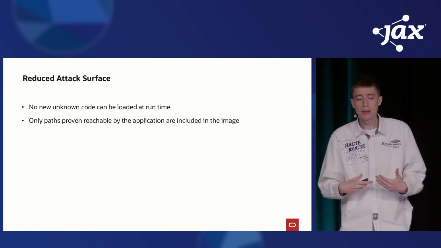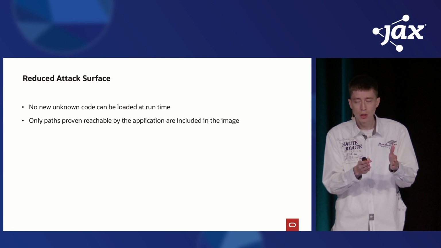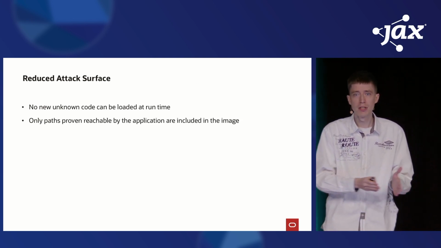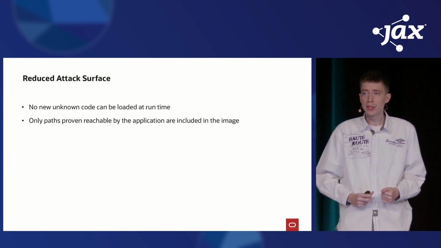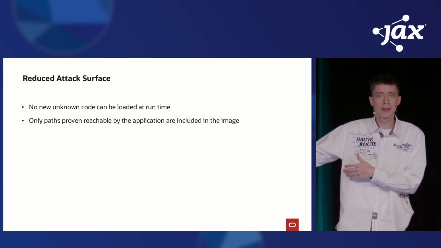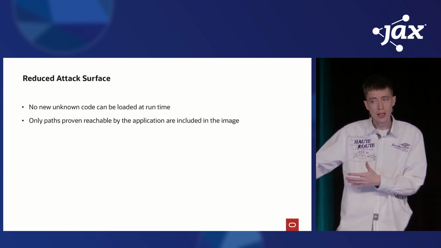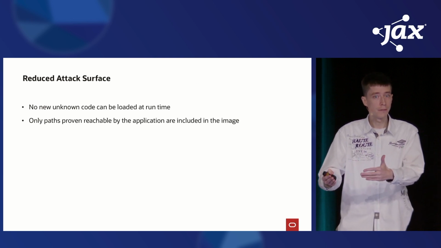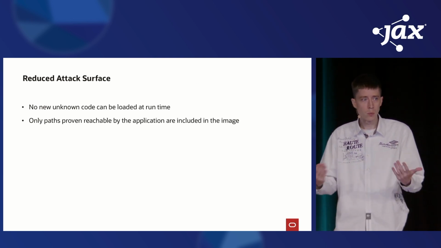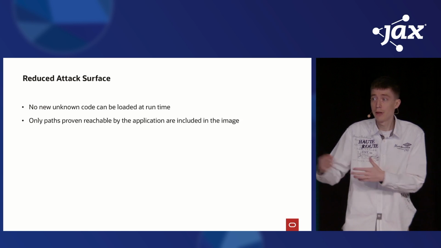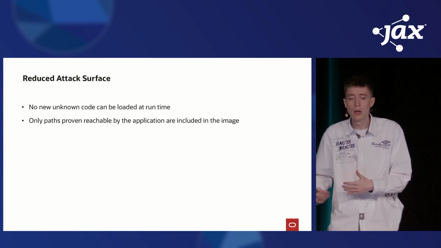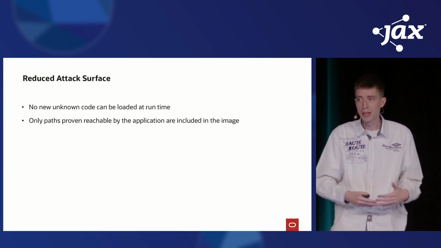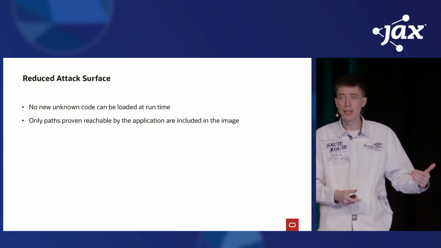Second, only the path through the application that is reachable or proven to be reachable at build time is actually even included in the image. So if you have some unknown dependency that you actually do not use, it will not even end up in the native image and can therefore not be exploited later. Because there could be an exploit in a library that you have never heard about, that you would never use, but suddenly it becomes reachable dynamically in JIT mode, while in ahead of time compile mode, it might not even be in that image.